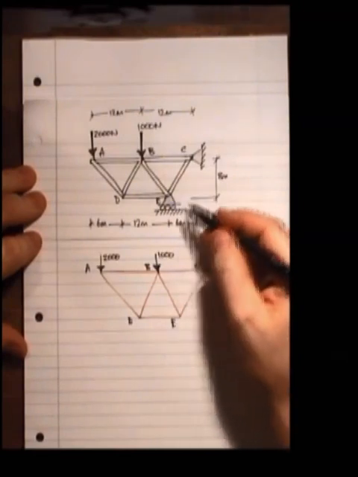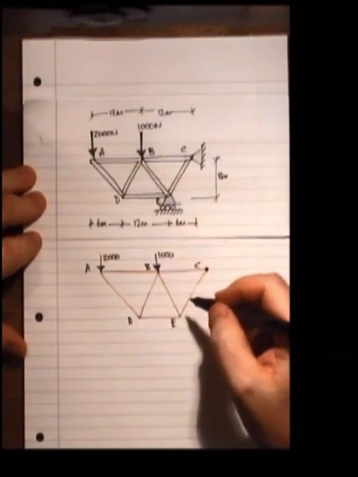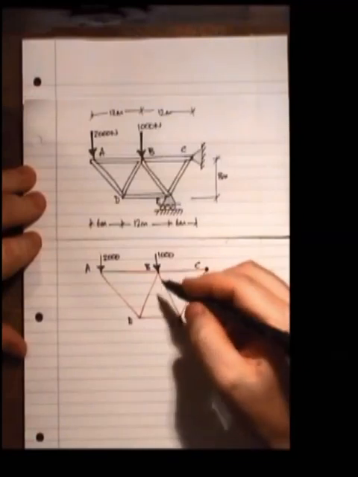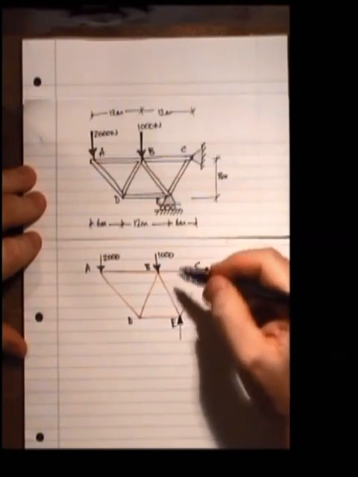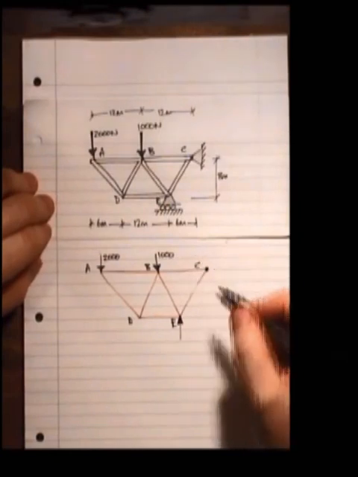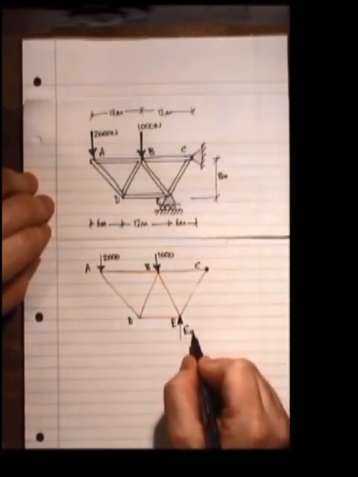In order to stop it from going around anti-clockwise, to put it in equilibrium, this reaction here has to be pointing upwards so that we've got a restoring moment, clockwise moment, and we'll call that AY.